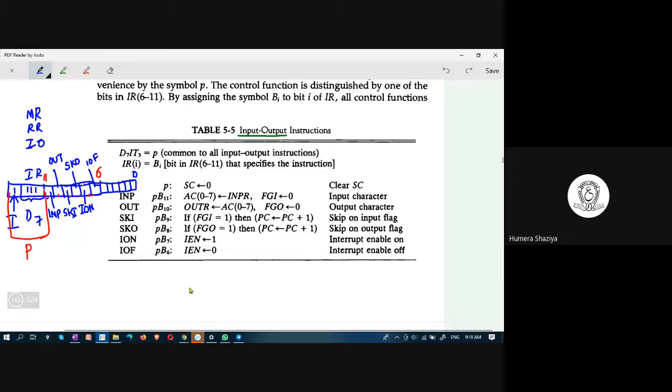All right, let us look at these instructions in detail. INP is executed at P. P means when there is time 3 and I is 1 and D7 is 1. B11 bit is 1. This INP bit should be 1. When this bit is 1 and all the other bits are 0, this INP instruction would be executed.